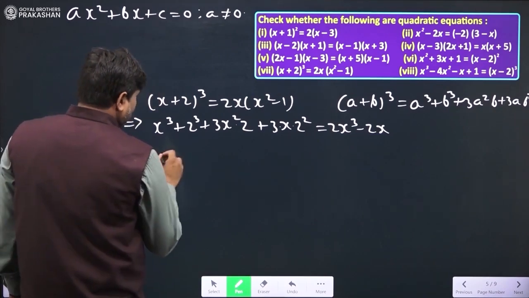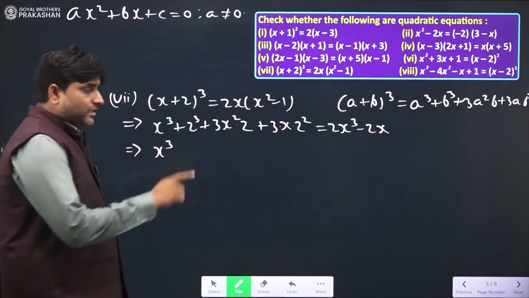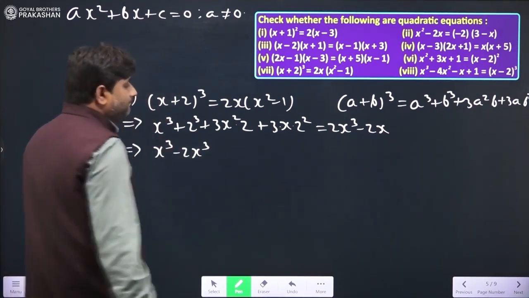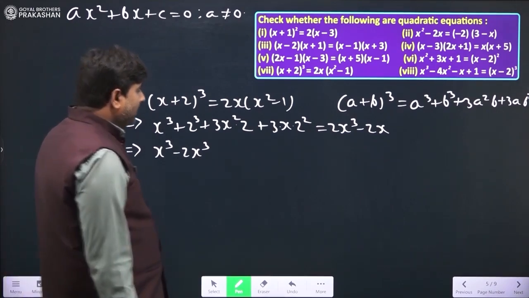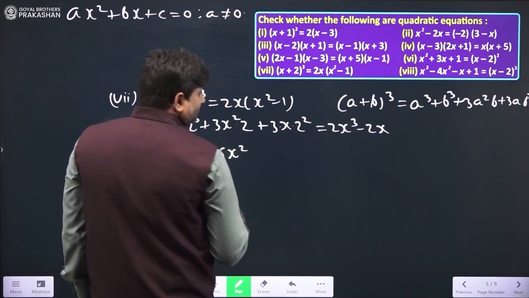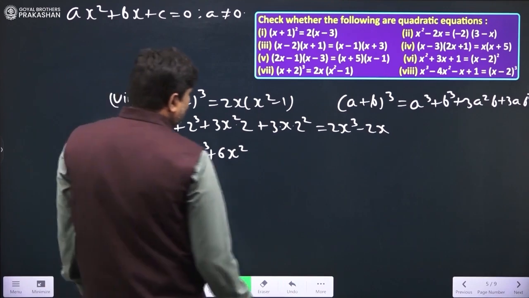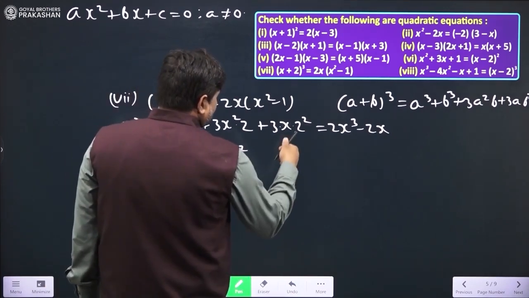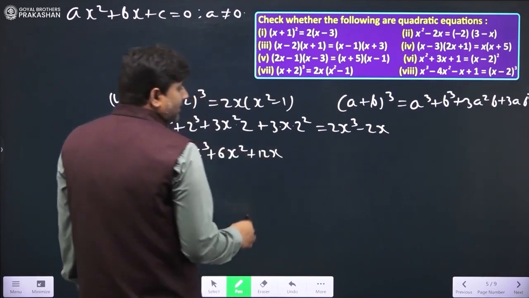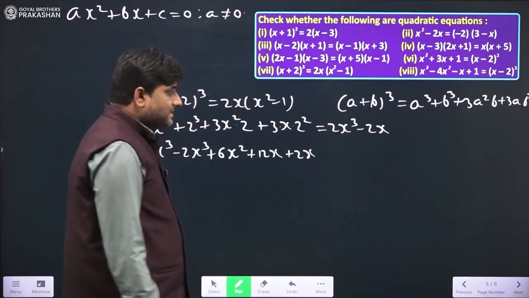So x cube term, we have one term of x cube in LHS and one in RHS, so it will be x cube minus 2x cube. Now coefficient of x square, 3 into 2, this is 6x square, and in RHS there is no term of x square. Now coefficient of x means term of x, 2 square is 4, 4 into 3 is 12x, and in RHS it is minus 2x, so it will be plus 2x in LHS.